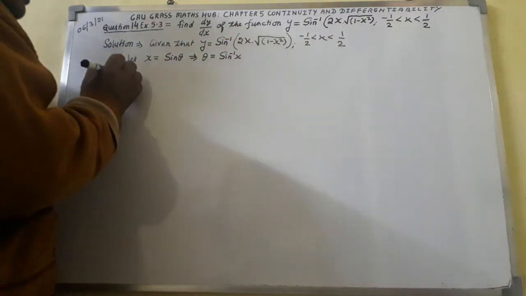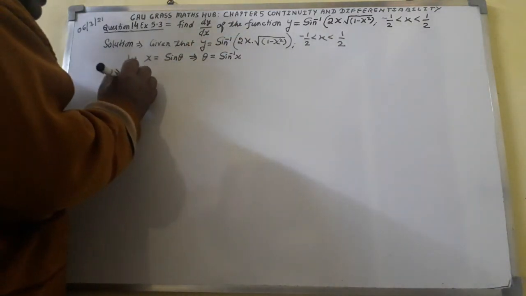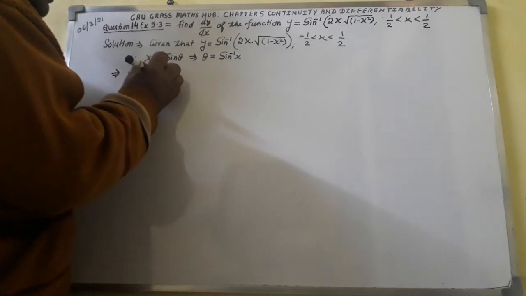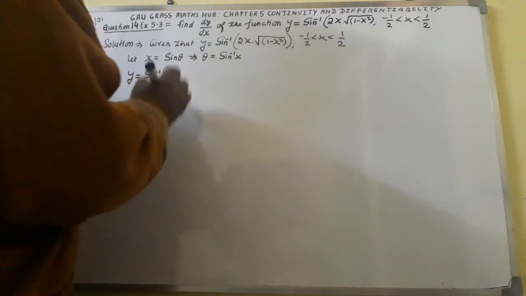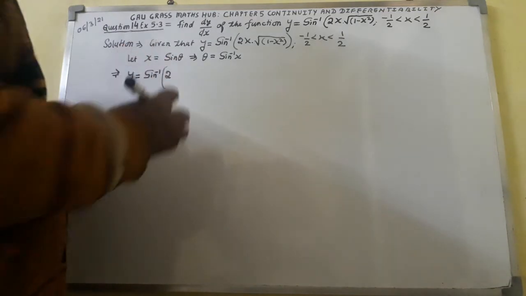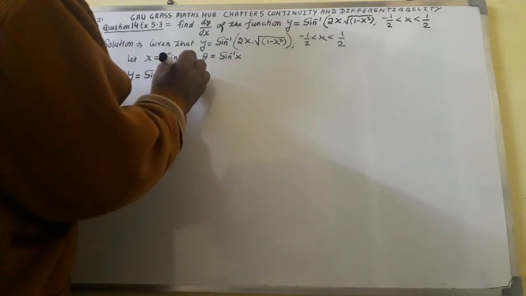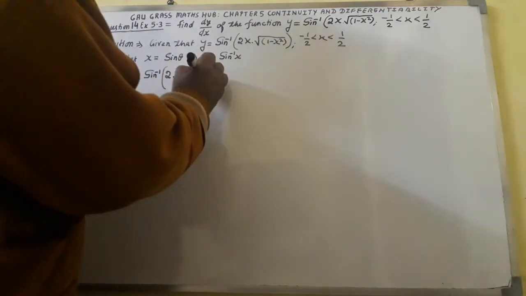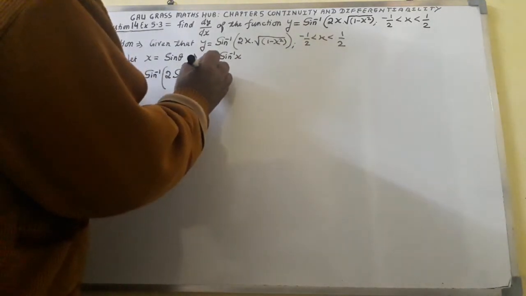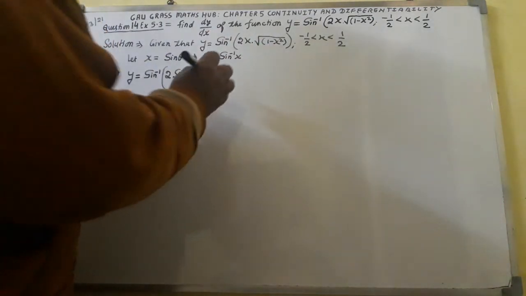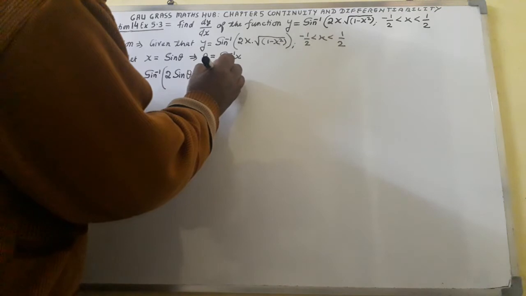We will get y is equal to sine inverse of (2, and in place of x I shall write sine theta, so 2 sine theta times under root 1 minus, in place of x, sine theta, so it becomes 1 minus sine square theta).